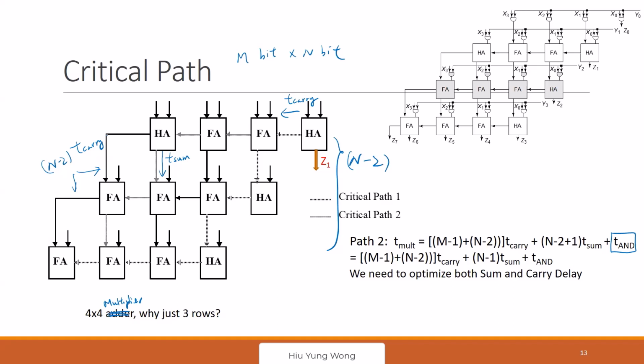But how about for going laterally? Here you have m, right? You have m dividers, right? So this is going to be m minus 1 t carry, right? Because you have m adders. So over here, you have m minus 1 t carry.